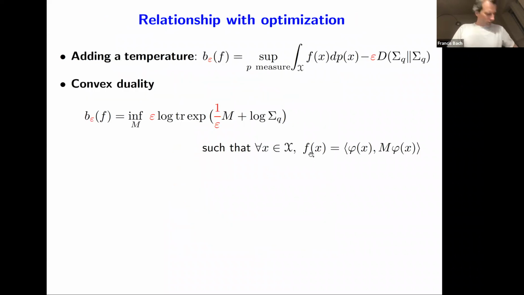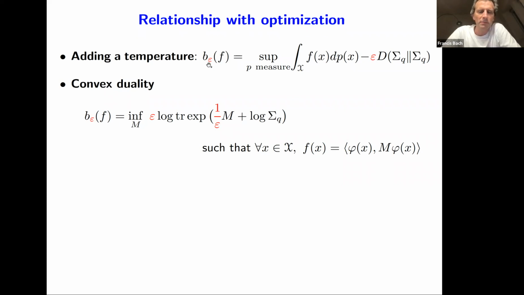All right, maybe 2 last slides. I gave a talk maybe 1 year ago, probably, on optimization. And in fact, there is some direct link. Essentially, this is what I presented 1 year ago on sum of squares optimization, but with a probabilistic twist. And the twist is adding some temperature to make the link.